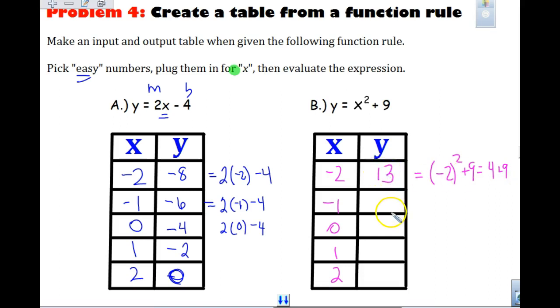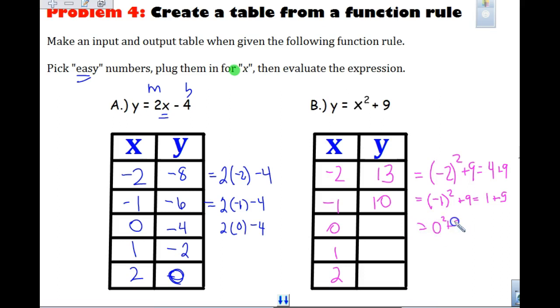4 plus 9 is going to be equal to 13. When I plug in negative 1, put it in a parenthesis, because if you are using your calculator, you want to put it in a parenthesis also. Negative 1 times negative 1 gives us 1 plus 9 gives us 10. We're not squaring the 9, we're only squaring the 1. The next one is to take 0 squared.